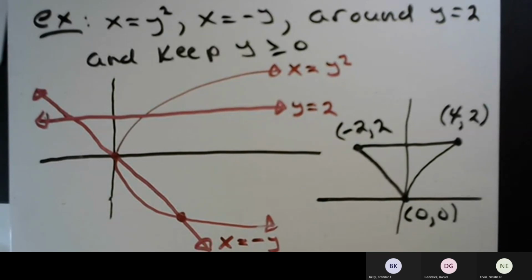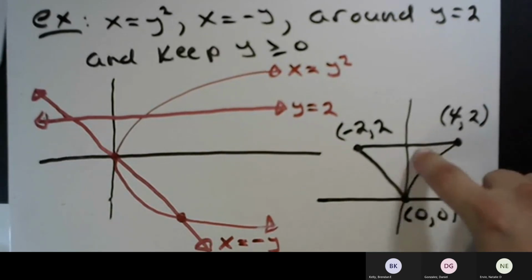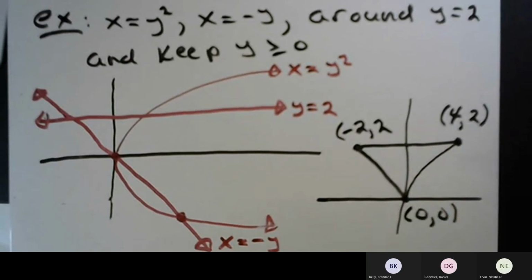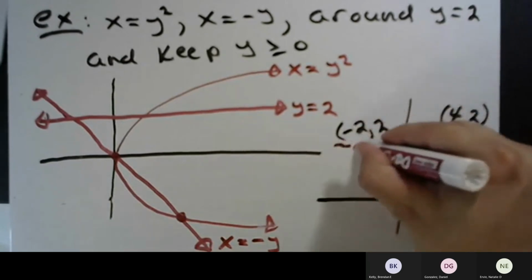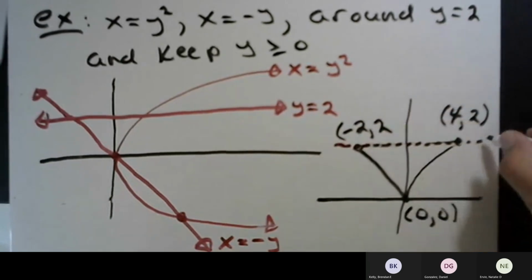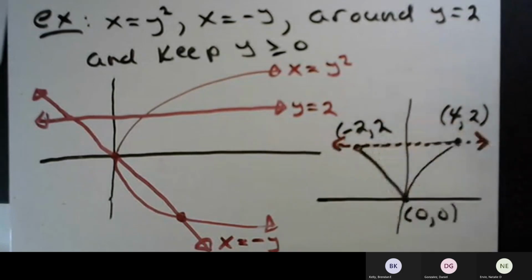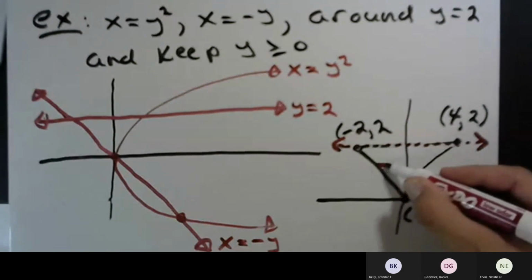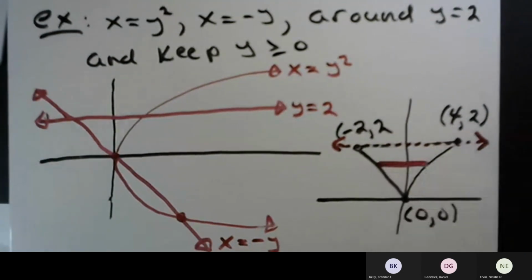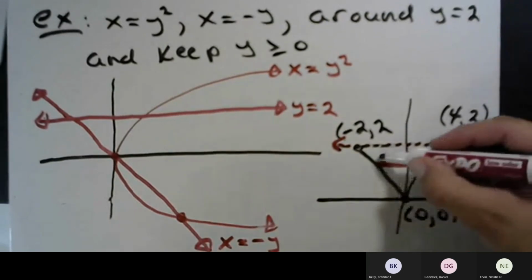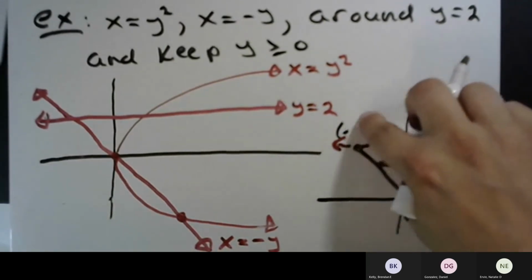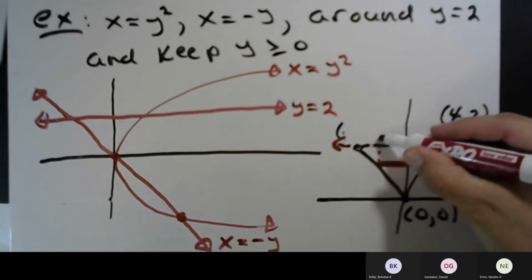Now we're rotating this around y is 2. So we're still going to have this as our axis of rotation. Let's draw that parallel line. The parallel line gives us the height of our cylinder. So our cylinder is doing something kind of like this.